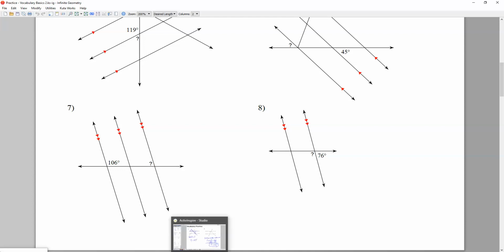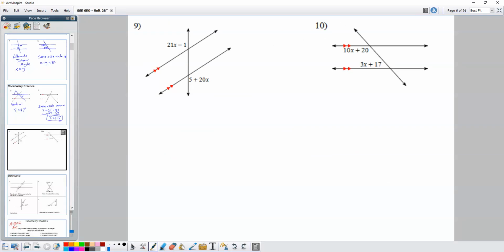So let's flip it over on the back. Let's look at the back real quick. So number 9, these are alternate exterior angles. Okay, let's just write alternate exterior so that we know what we're talking about. Alternate exterior angles are equal.